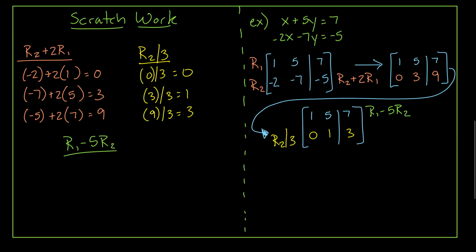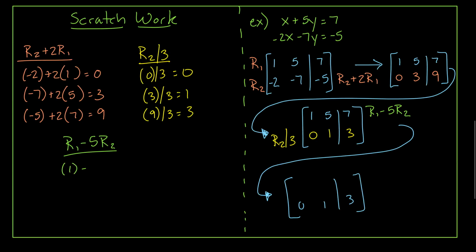So I'm running out of room again. So my row 2 is staying the same. I copy 0, 1, 3. Now I want to do row 1 minus 5 times row 2. So what is my x value for row 1? 1.